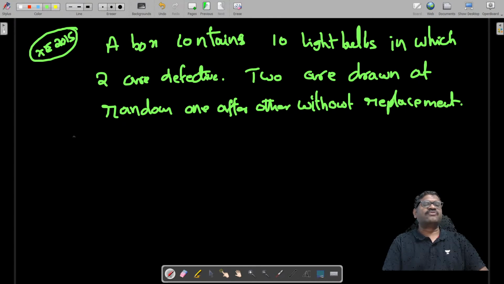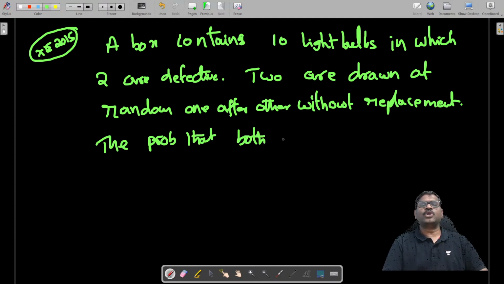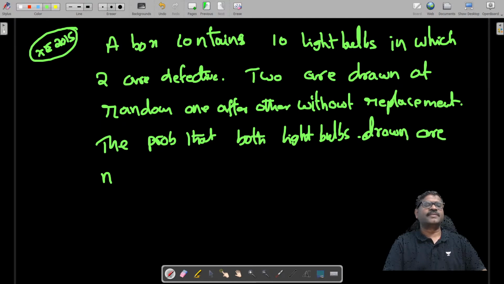Two are drawn one after the other without replacement. The probability that both the light bulbs drawn are non-defective.